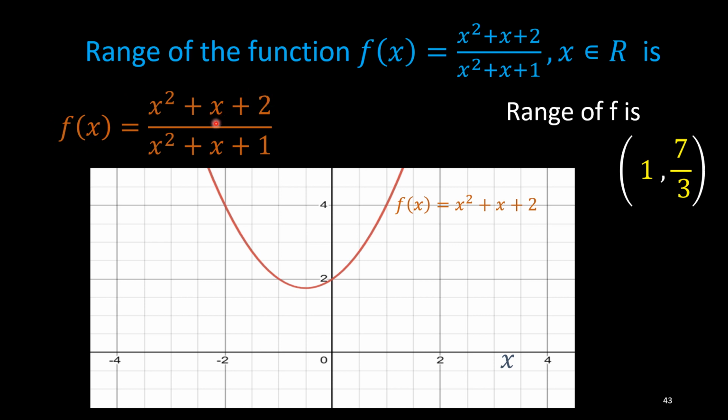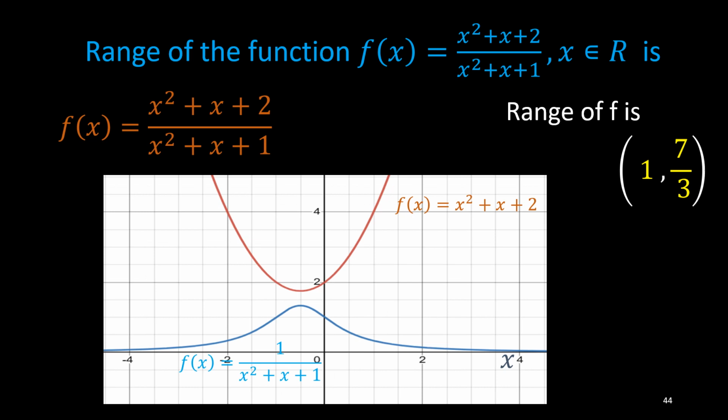One function is this parabola, another one is 1 upon the parabola x squared plus x plus 1. So the shape is like this, 1 upon x squared plus x plus 1. I need to multiply these two functions, and if I multiply them, I will get my desired function f of x.